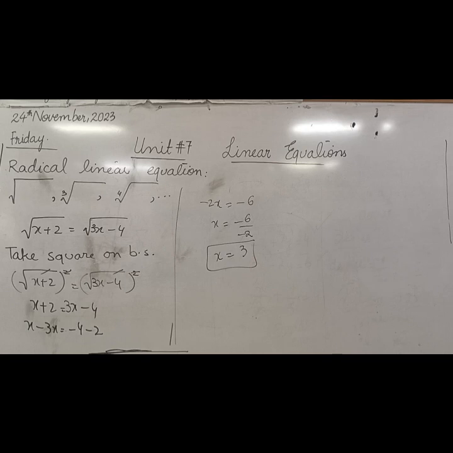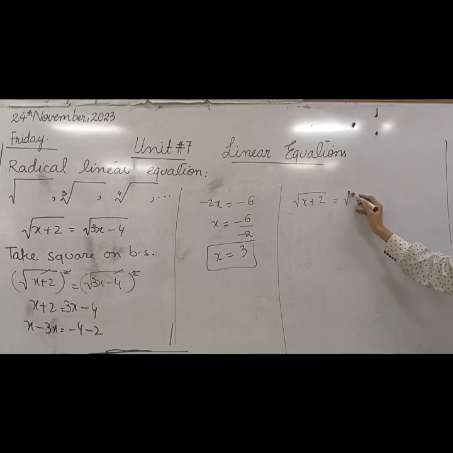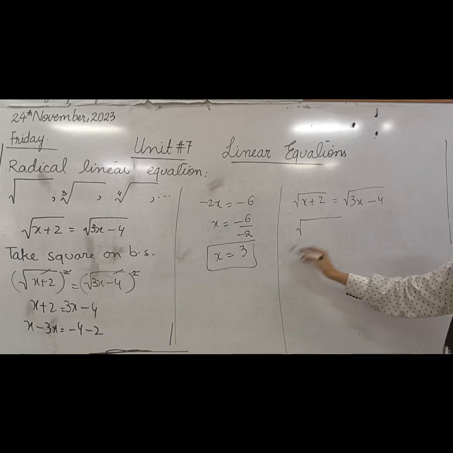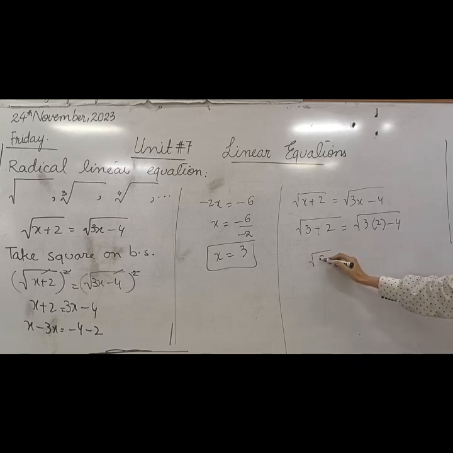Now we will again check the solution whether it is true or not. So put the value of x in the original equation. Square root of x plus 2 is equal to 3x minus 4. What is the value of x? 3. Square root of 3 plus 2 is equal to 3 times 3 minus 4. 3 plus 2 is 5.